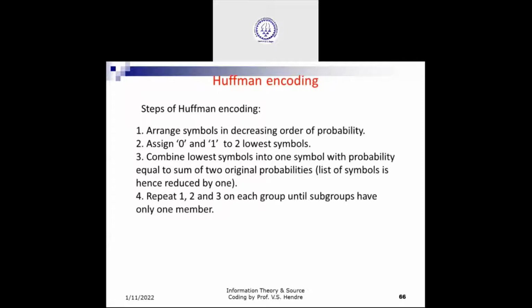I hope the steps are clear, and we will try to understand the implementation of these steps by going through a simple example of the Huffman encoding algorithm. If you have noted down these steps, now we'll go to the example.